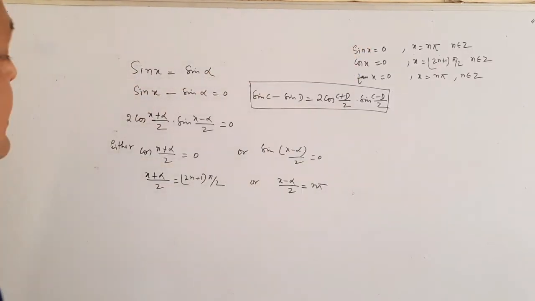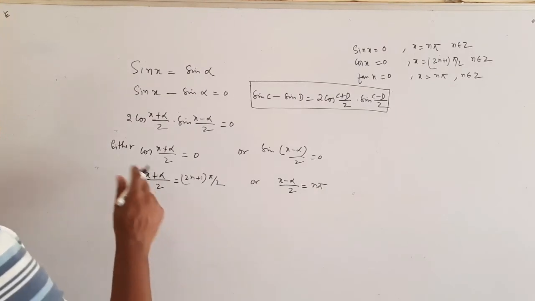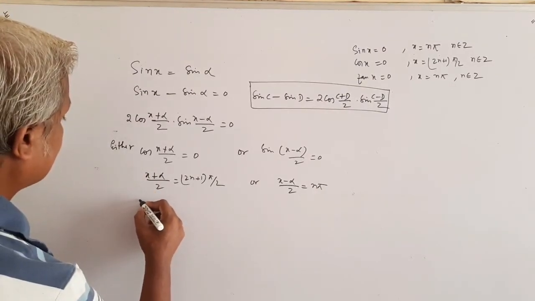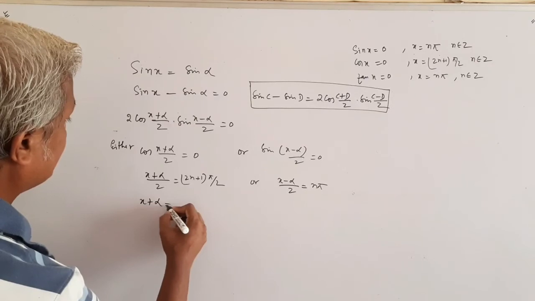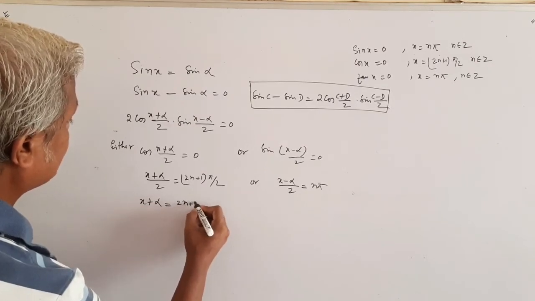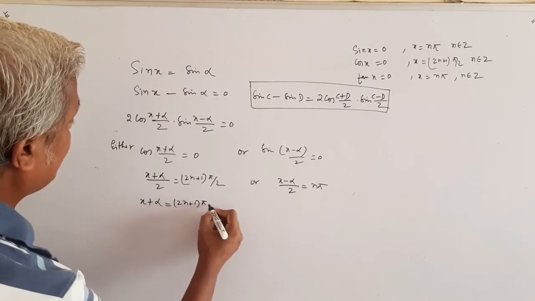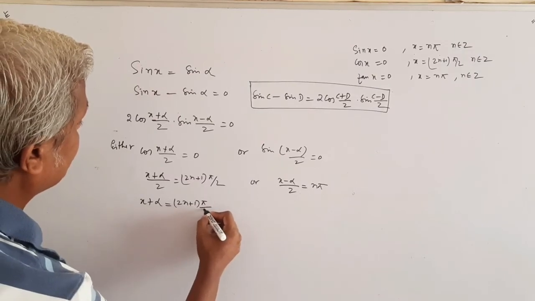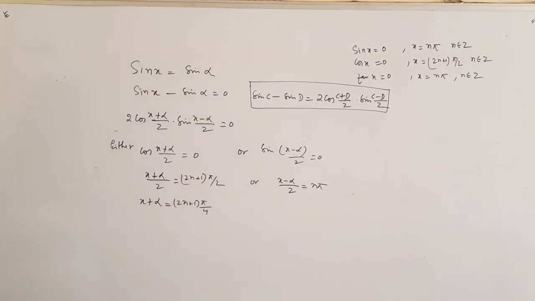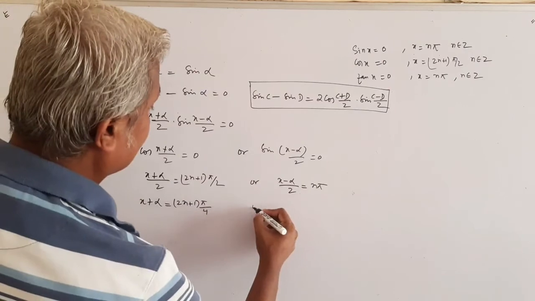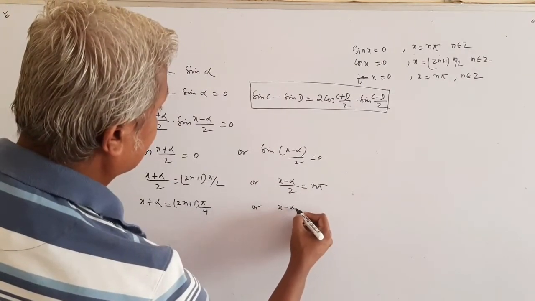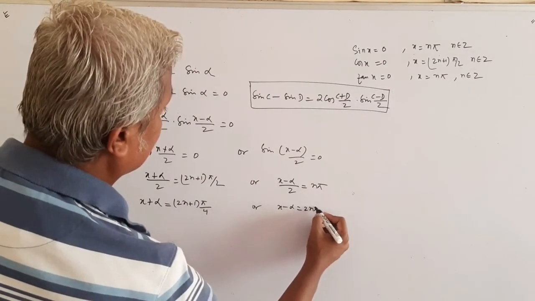So that relation. Now since we are interested in x, we say that x plus alpha is (2n plus 1) pi by 4, and here we'll get x minus alpha is 2n pi.